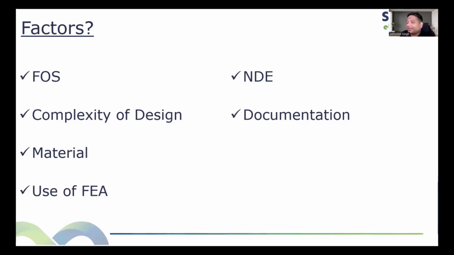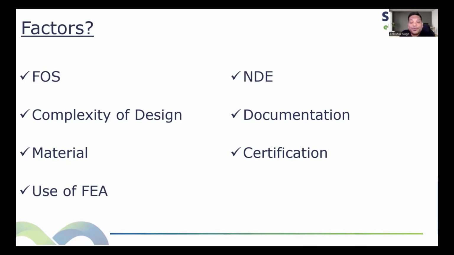Then certification. What type of certification you're talking about? What is basically the certification? U2 stamp. Okay. So what are the documents which need to be certified in a job? UDS and MDR.